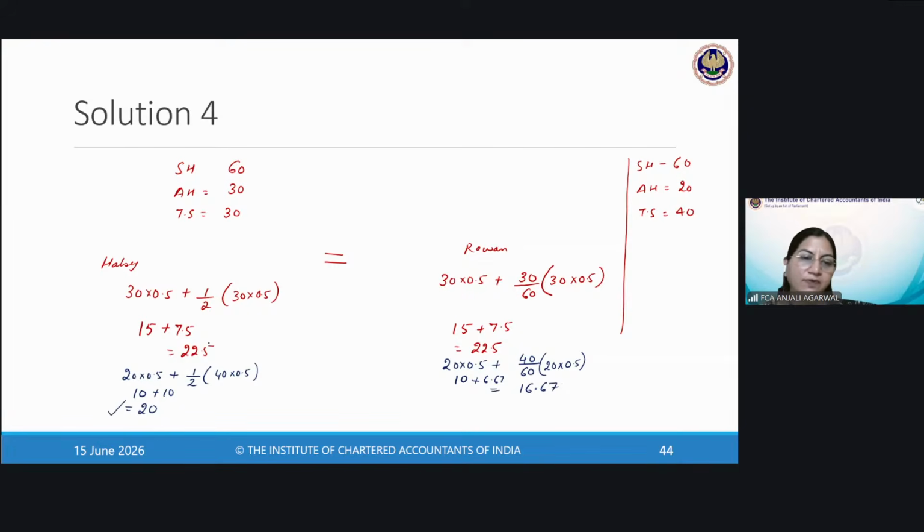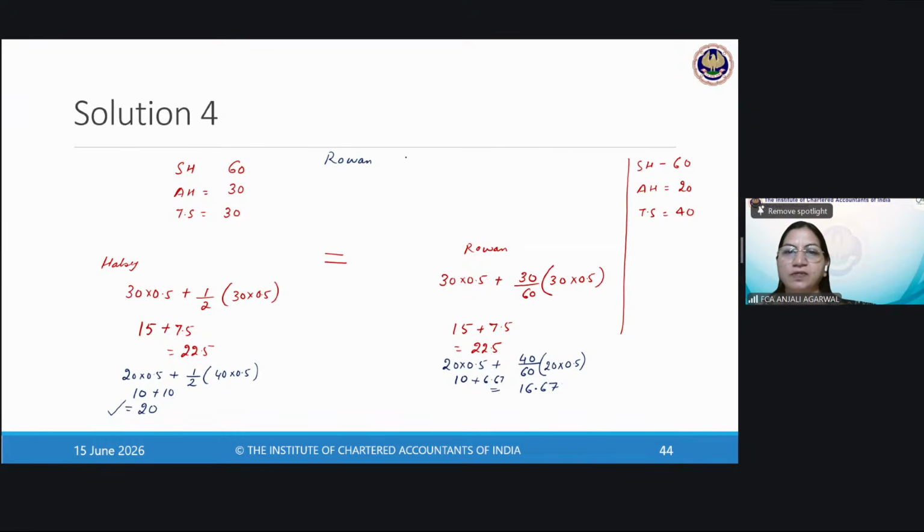Now Halsey gives more. So Rowan gives more as long as the time saved is not 50% of the standard time. Okay, good.